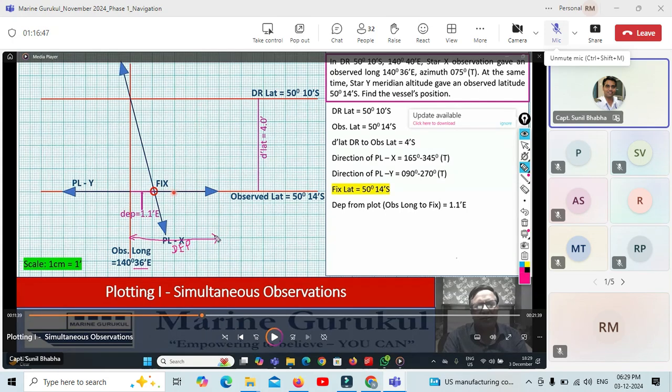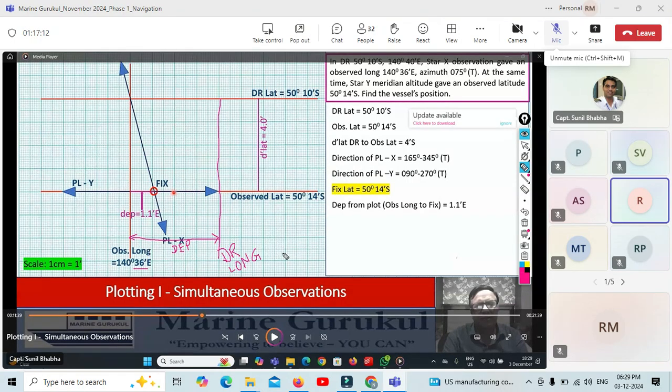I am just making it as a rough diagram to show you. And you can mark this longitude here. This will be your DR longitude. If you want, you can show it here. There is no problem at all. What I am saying is there is no use of doing this exercise. It is just wasting a couple of minutes and it is not giving you any advantage at all.